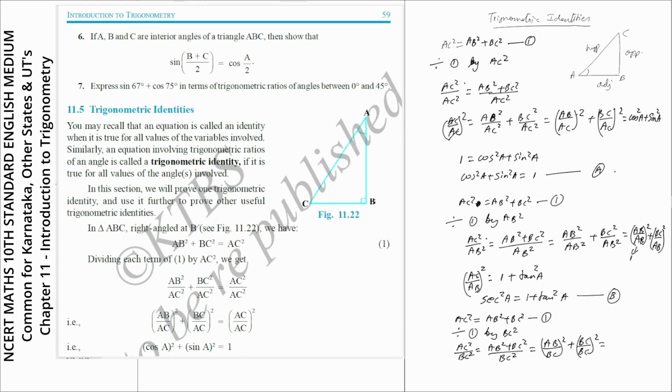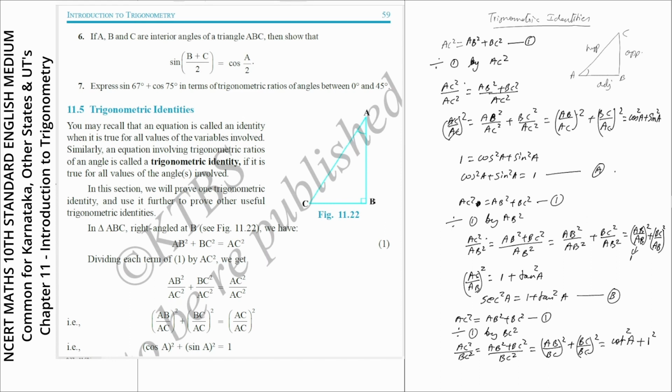So AB by BC, with respect to angle A, AB by BC is cot A. So here AB by BC the whole square is cot square A I will get. BC by BC will get cancelled, both numerator and denominator are equal, I will get 1. So 1 square. And in the left hand side, AC by BC the whole square.